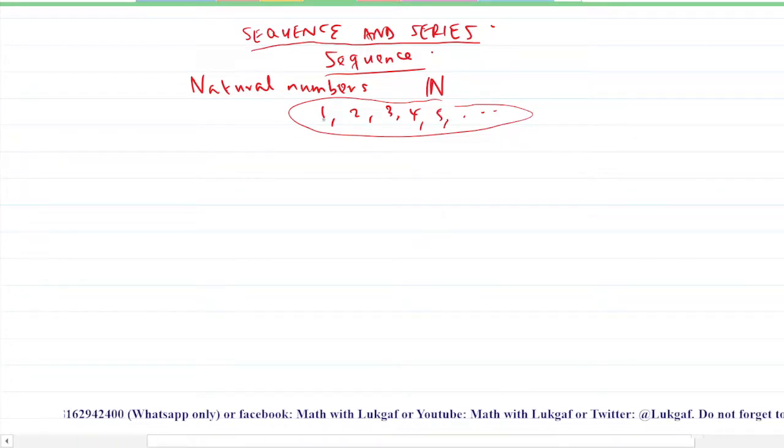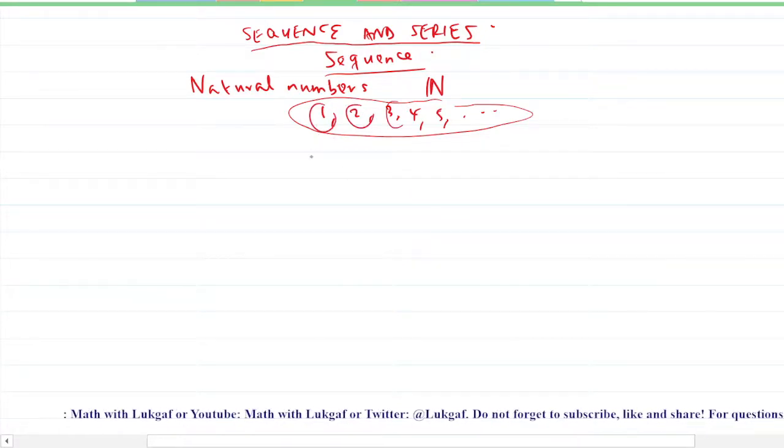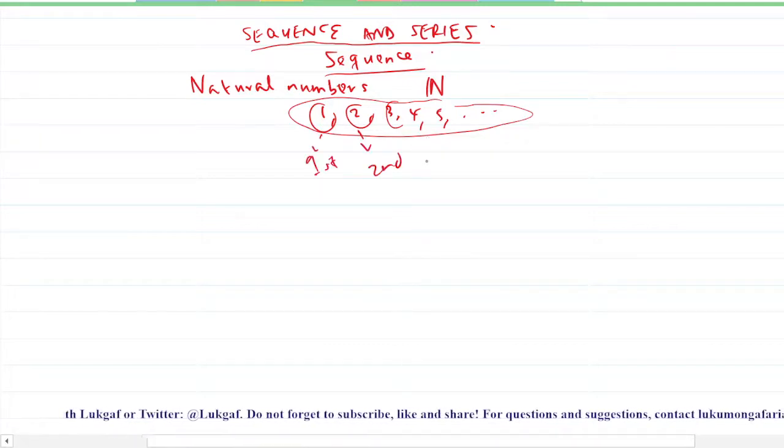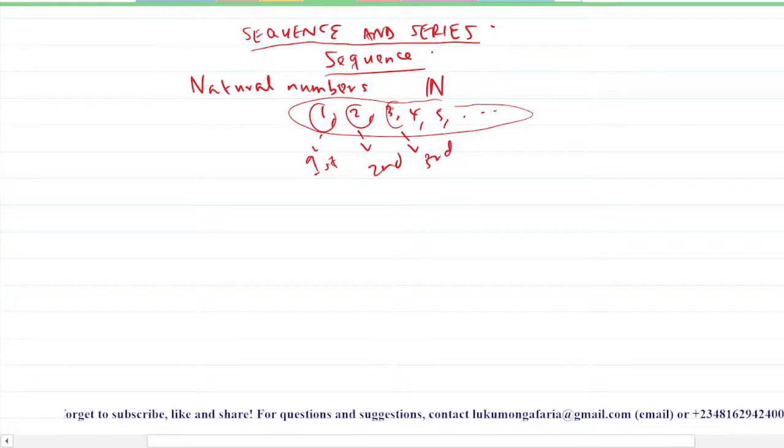When we say term, terms are each of the numbers here. This is my first term, this is my second term, this is my third term, and so on. For me to obtain my second term, I add one to the first term.